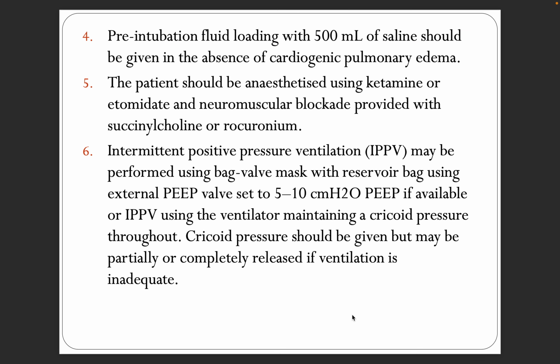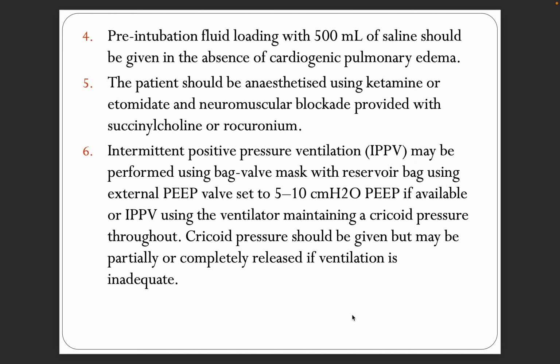Pre-intubation fluid bolus of about 500 ml of crystalloid, preferably normal saline, in absence of cardiogenic pulmonary edema. Patient should be anesthetized using ketamine or etomidate and a neuromuscular blocking agent, either succinylcholine or rocuronium.